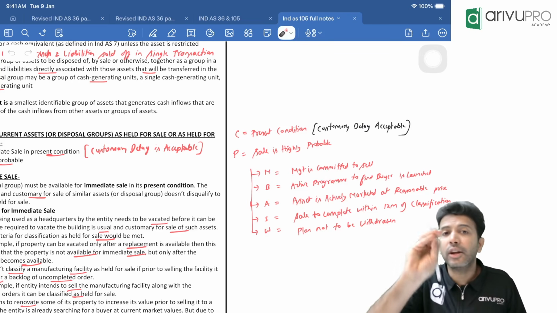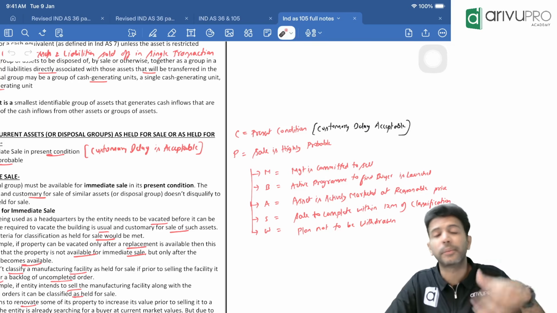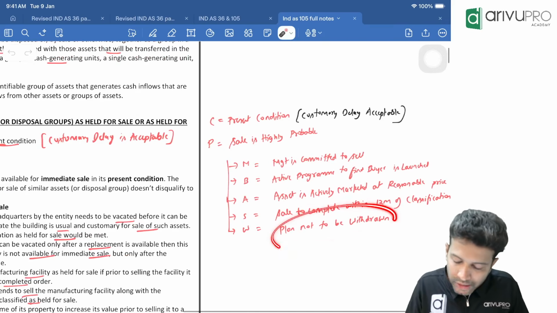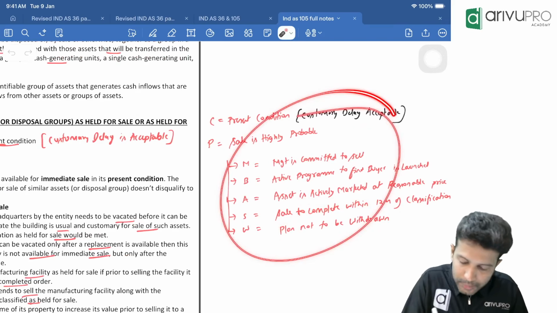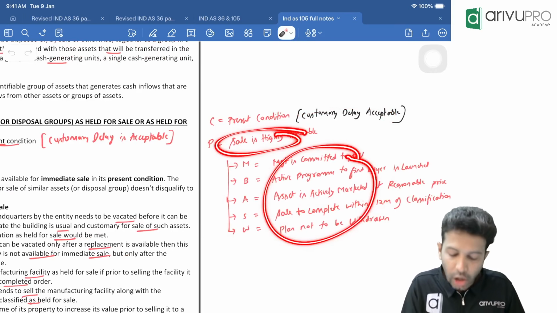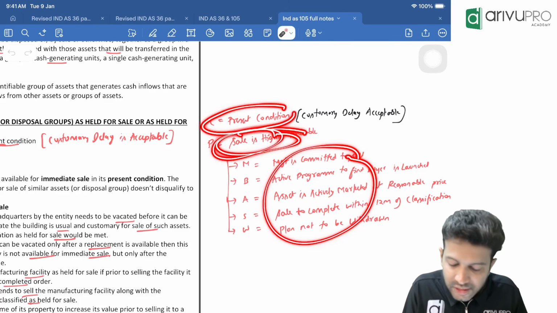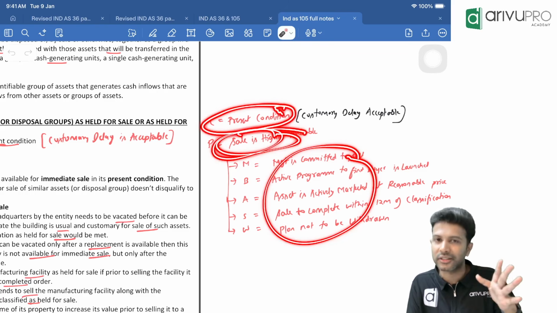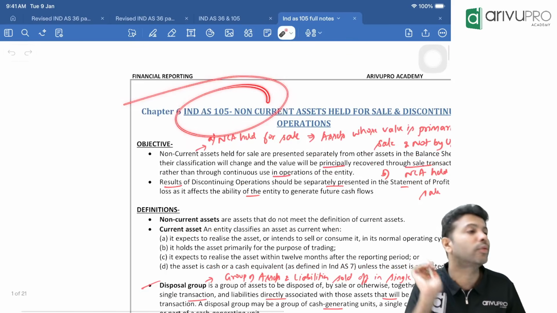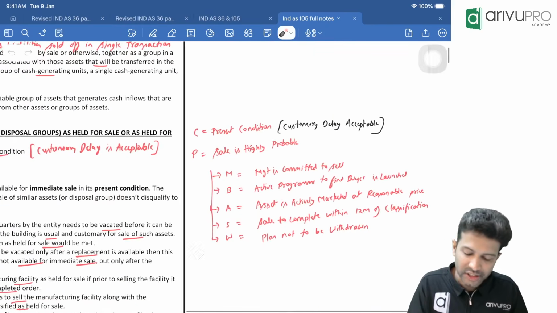S, the sale to be completed within 12 months from the day it is classified as held for sale. W, plan not to be withdrawn. So if these 5 conditions are satisfied, we say the sale is highly probable. Along with the sale being highly probable, if the non-current asset is sellable in present condition, then you can apply Ind AS 105. All of them should be satisfied, people.